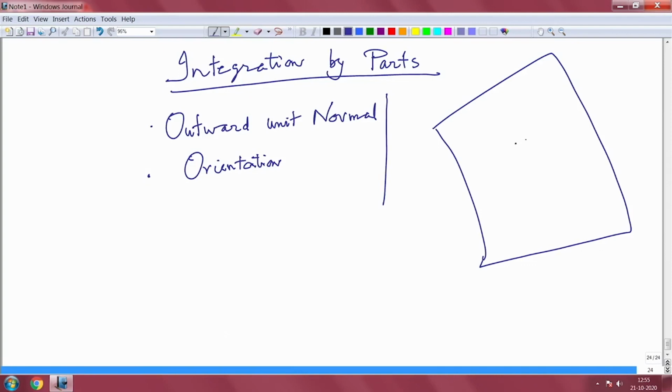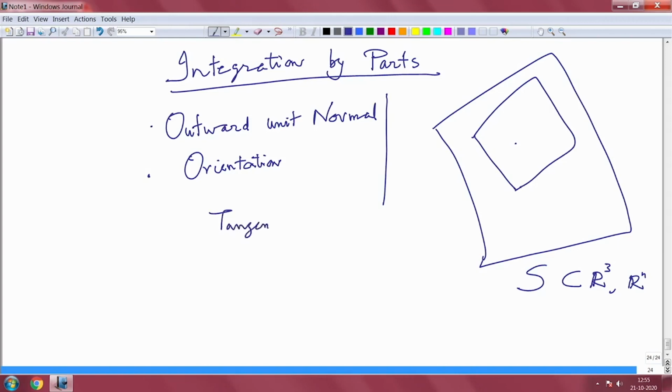So, if it is a hypersurface, a surface in R^n or R^3 if you want to be familiar, then you will have a tangent plane at any point, a tangent plane at a point x. So, if you have a point x here, you have a tangent plane at that point.